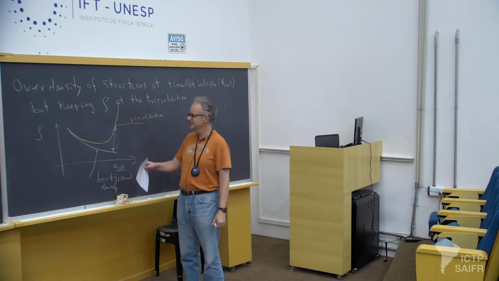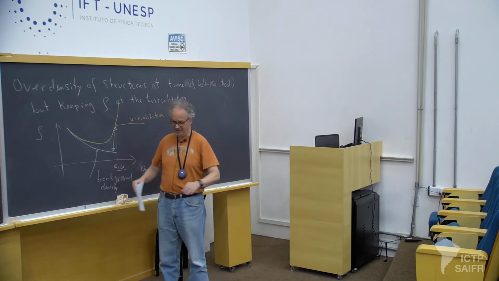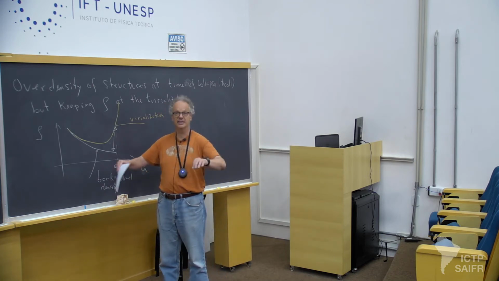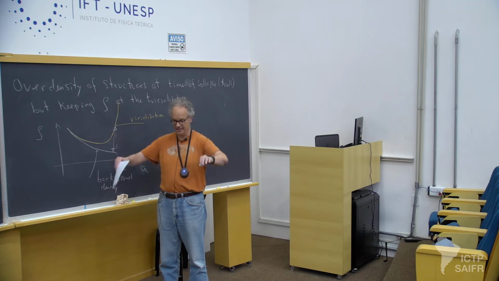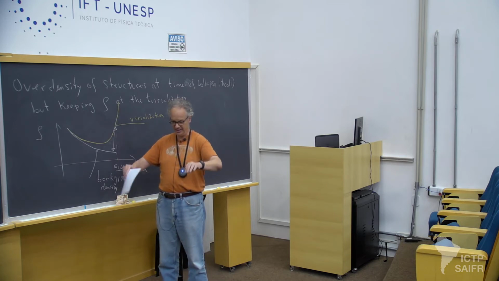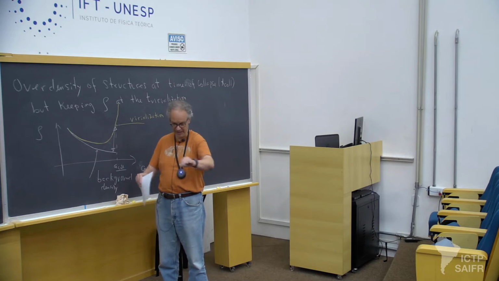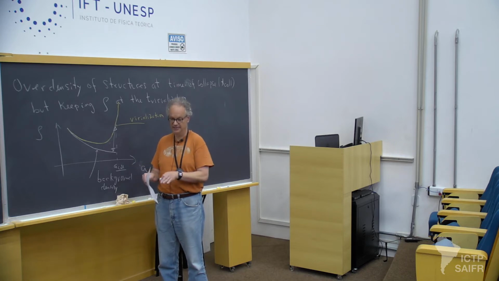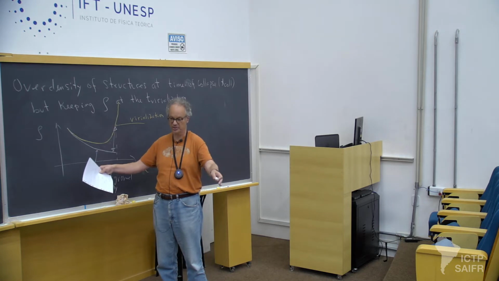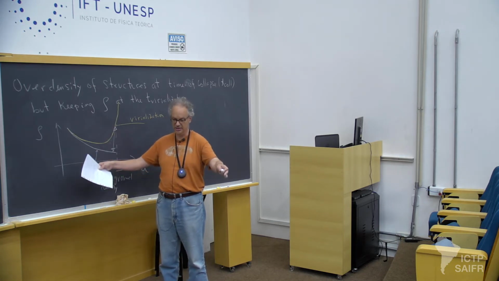So let me repeat. We are looking at this universe, which is Einstein-de Sitter. It has a uniform density for the background. And I have a spherical perturbation. And in the spherical perturbation, there's also a density inside. And this density in the spherical perturbation will increase with respect to the outside, with the background density.